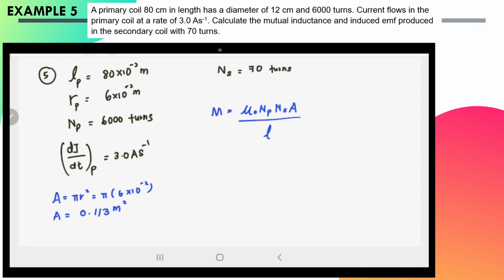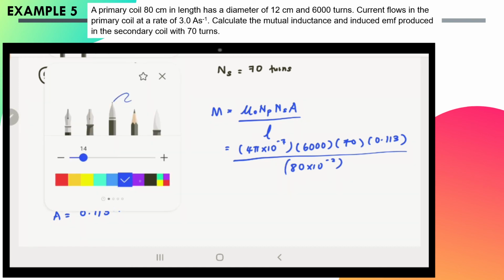Therefore the mutual inductance is 4 pi exponent negative 7, the number of turns for the primary coil is 6,000, secondary is 70, and the area is 0.113. The length of the coil is 80.